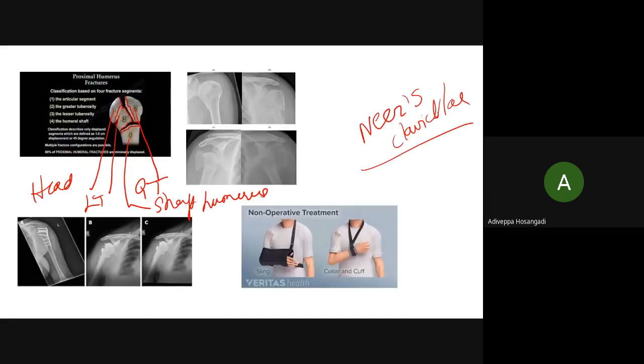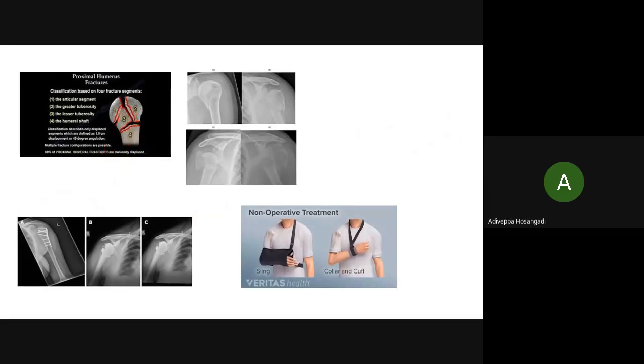Most commonly, proximal humerus fractures are seen in the elderly. Remember this. Please remember it is very easy. If you remember the proximal humerus anatomy and the parts, you can easily convert that into Neer's classification.